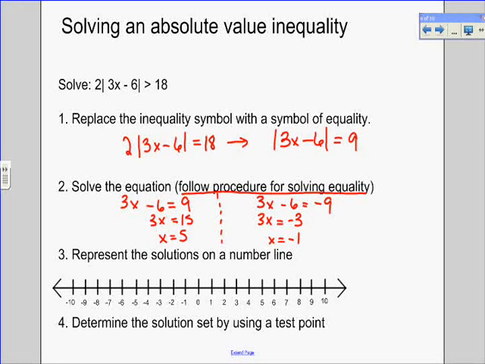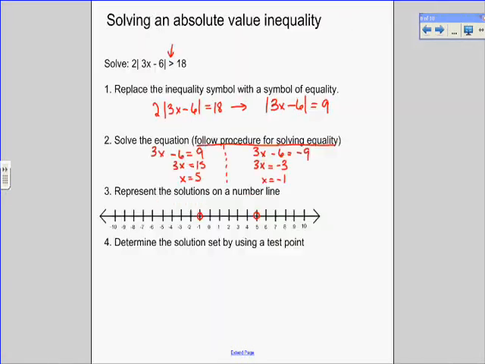The next thing we're going to do is represent these 2 numbers on a number line. So I have x equal to 5. I'm going to draw an open circle here because it's greater than, not greater than or equal to. And at x equals negative 1, another open circle.